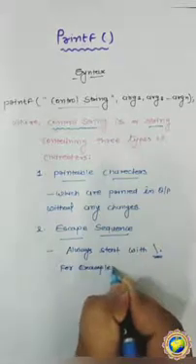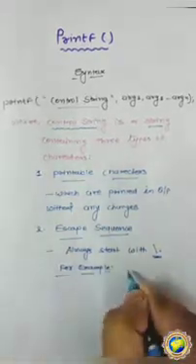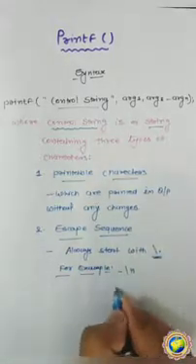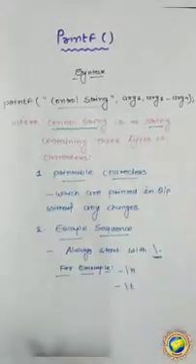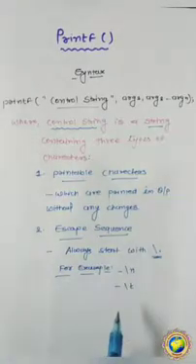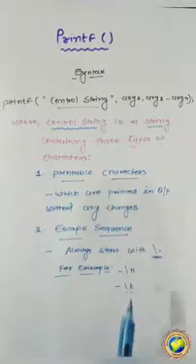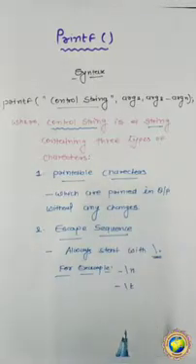For example, here \n is an escape sequence. Then \t. \n and \t are escape sequences which are used to format the particular output.